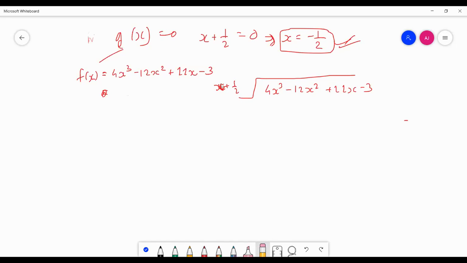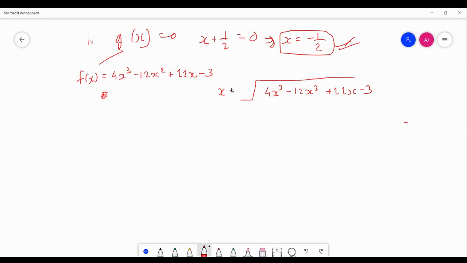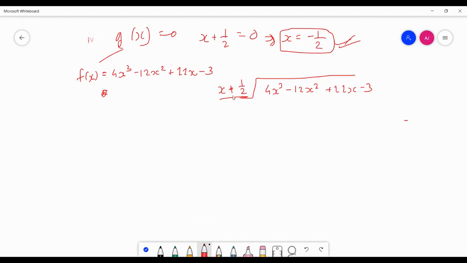Yes, Aliva, will you like to help me in doing this division? What should I take in the question? Can you tell? It is 4x cube. Yes, can you help me out?